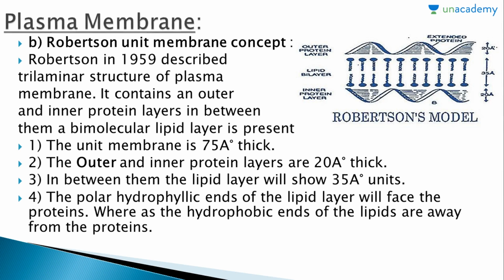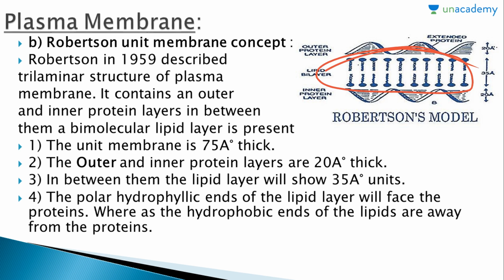Next we have the Robertson unit membrane concept. Robertson in 1959 described the trilaminar structure of plasma membrane again. He modified it as it contained an outer and inner protein layer, and in between them a bimolecular lipid layer is present.